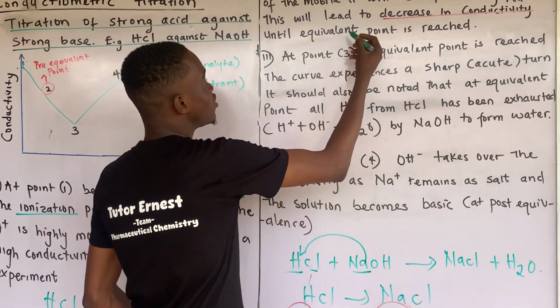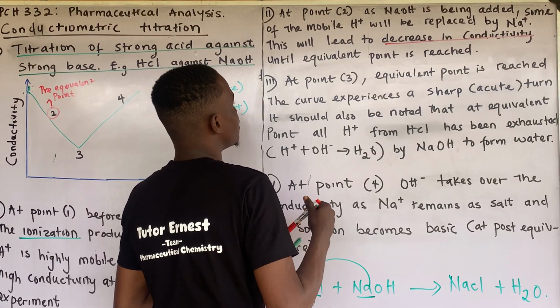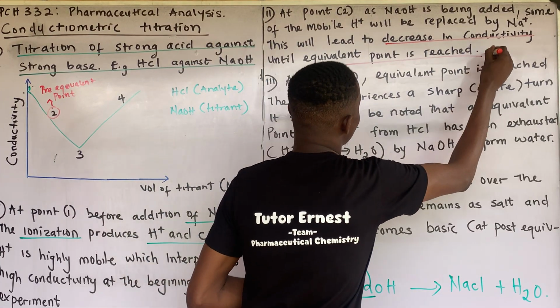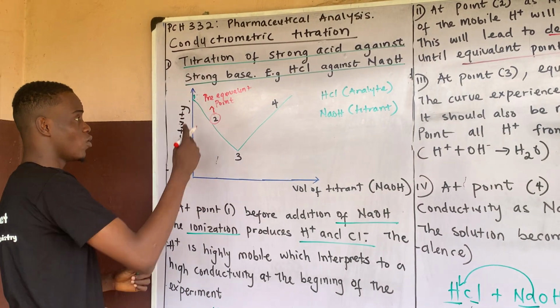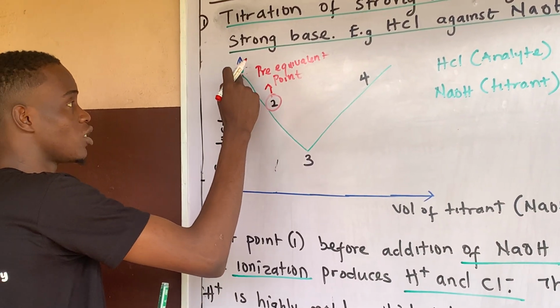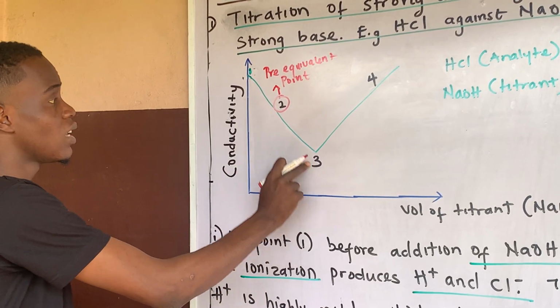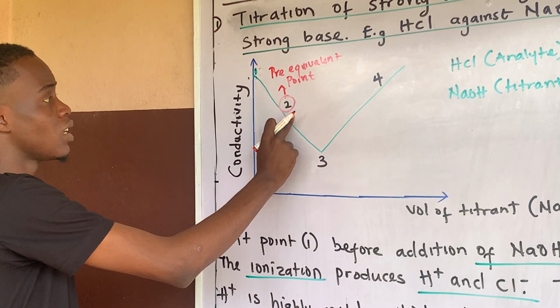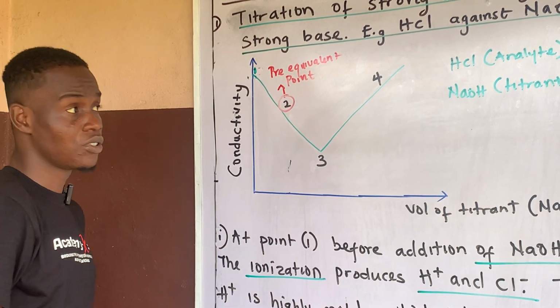So it will lead to a decrease in conductivity until the equivalence point is reached. So this is what we see here: at this point 2, the conductivity of the solution keeps on decreasing until we get to the equivalence point, because the hydrogen ion is being replaced by the sodium ion from the sodium hydroxide.